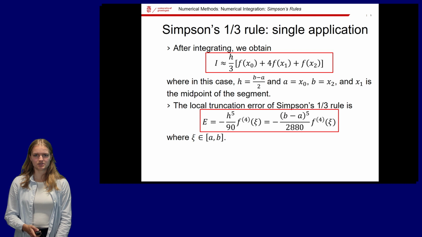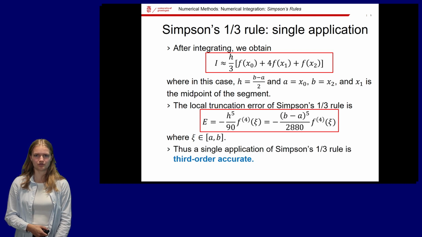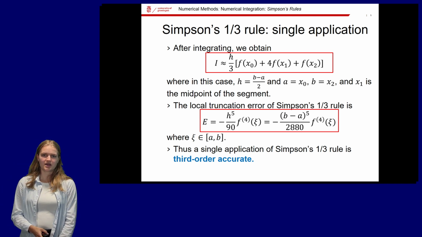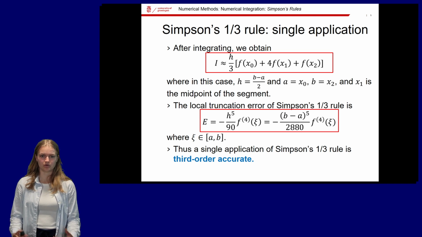As you can see, this error depends on the 4th derivative of the function f that is to be integrated. Therefore, if your function is of 3rd order or lower, your error is going to be equal to 0, and a single application of Simpson's 1/3 rule is going to be 3rd order accurate.